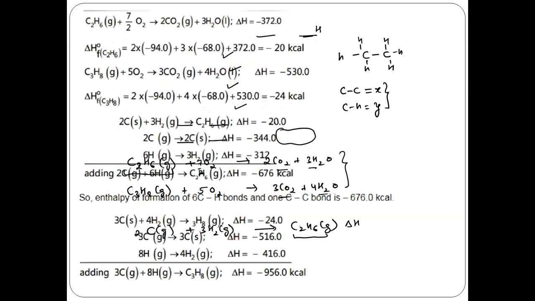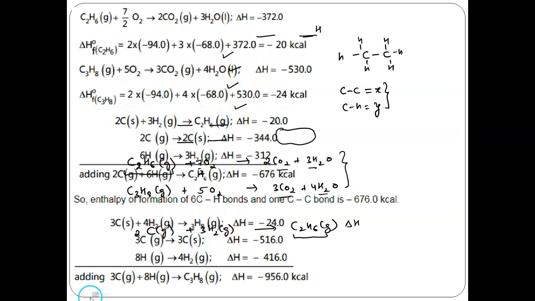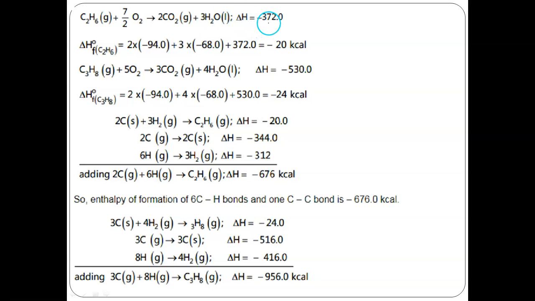So let's do that. We can see over here that the combustion reaction is written. It's a balanced reaction, so we don't have to worry about the balancing, right? This is a combustion reaction for which delta H is given to us. Delta H of reaction is nothing but summation of heat of formation of products minus summation of heat of formation of reactants.